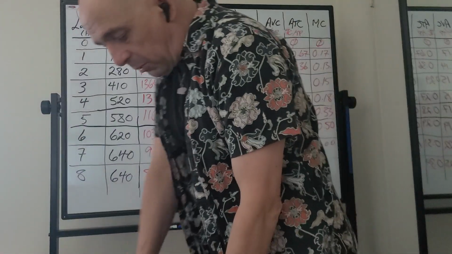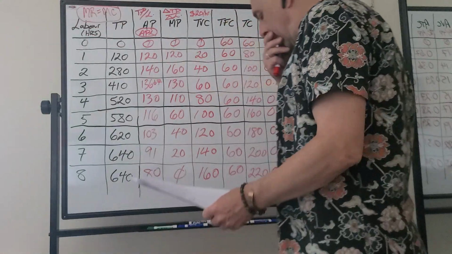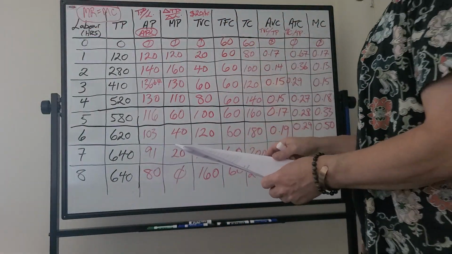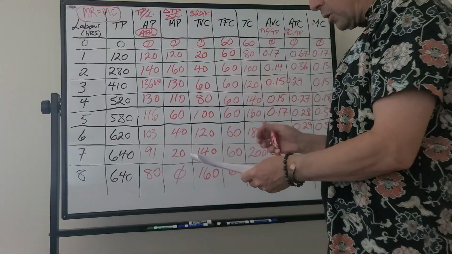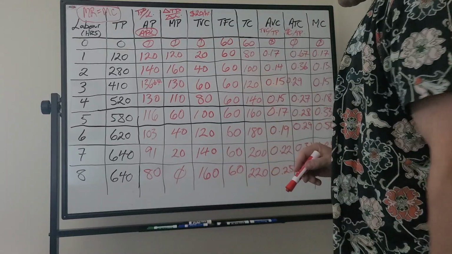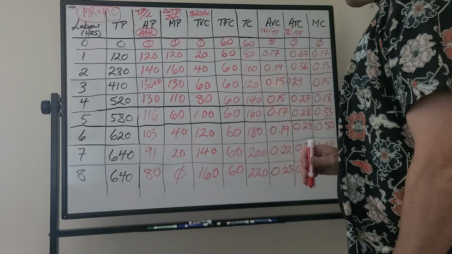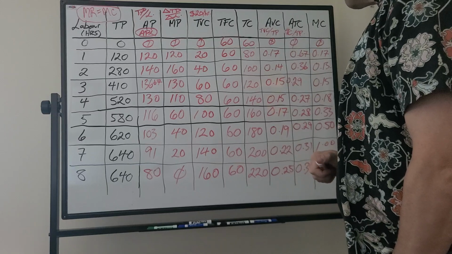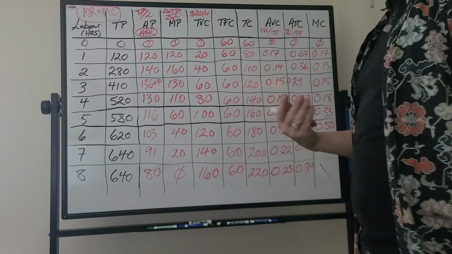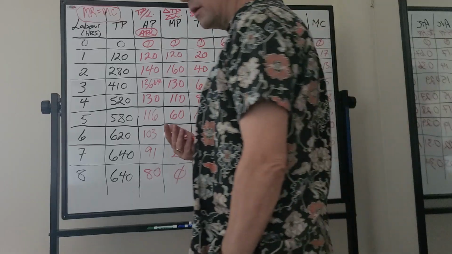Now, how are we going to interpret them? Well, the first part of this is to fill out the table, and then we're going to say at what level of labor do we have the maximum productivity. Well, what does maximum productivity mean?